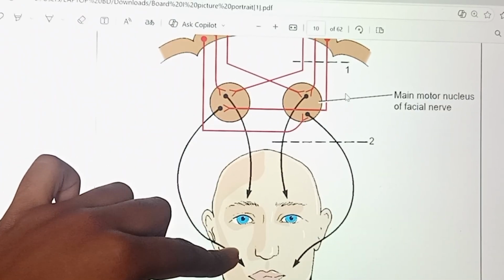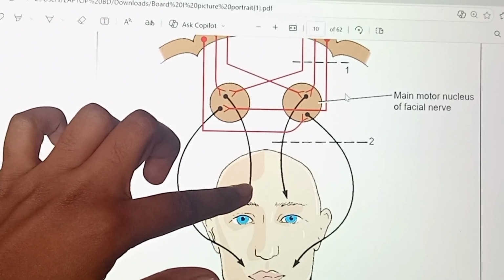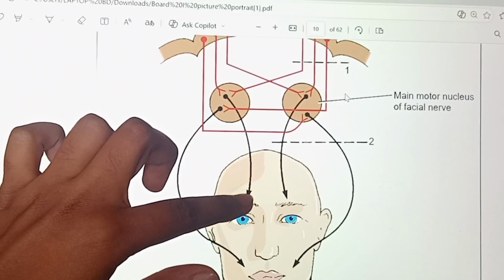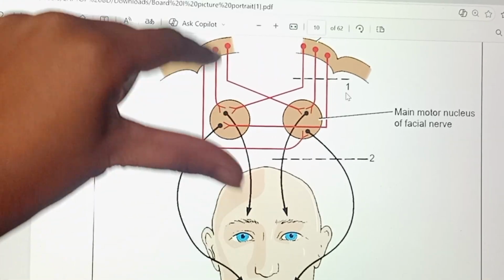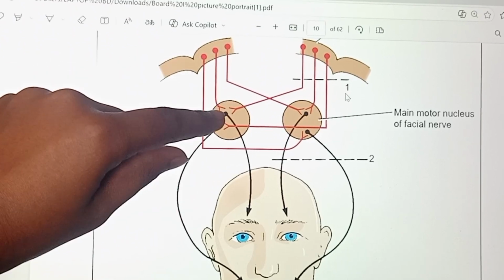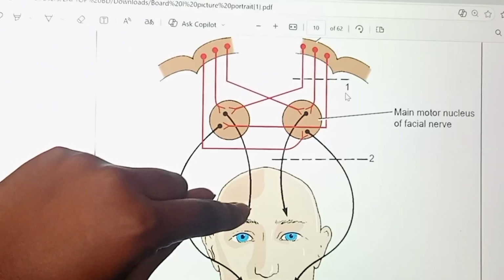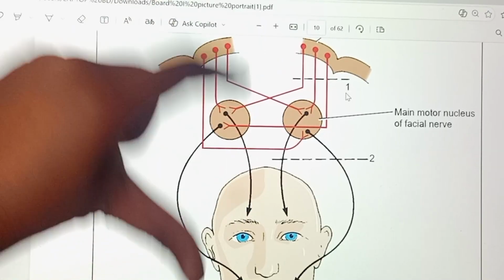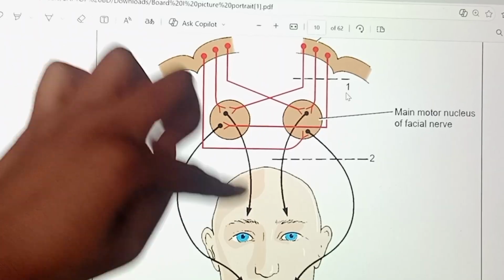But this upper part of the face won't be paralyzed because I have told you that a few upper motor neurons synapse with the same sided lower motor neuron and supply the same sided part of the face, and it is the upper part of the face.